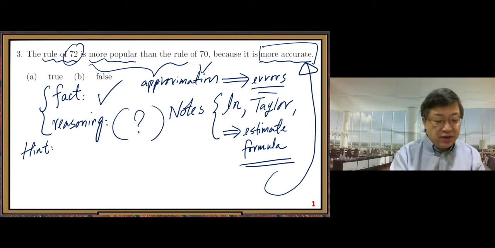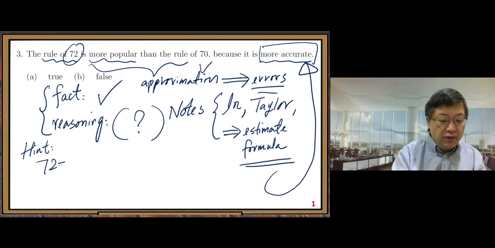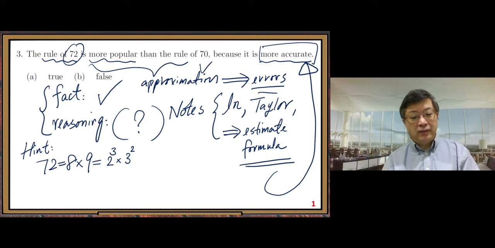Look at the factorization of 72. How do we factorize it? 8 times 9, right? 8 equals 2 cubed. 9 equals 3 squared. All right.